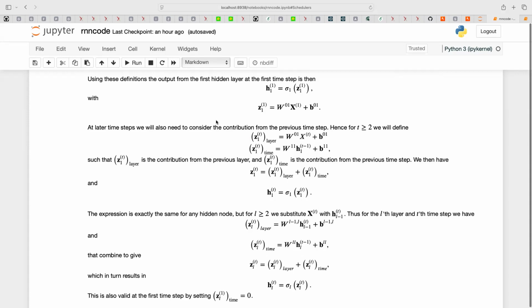With these definitions, if you look at the first layer and at the first time step, you have an output from that hidden layer, which is then set up through an activation function. Very common activation functions in RNNs are the ReLU function. But you should try, as always, different types of activation functions, and that depends also on the type of output you want to have.